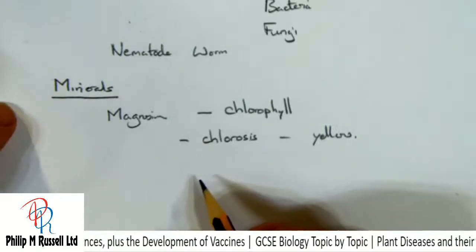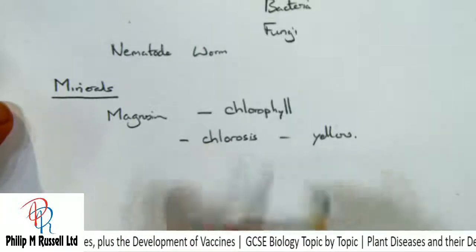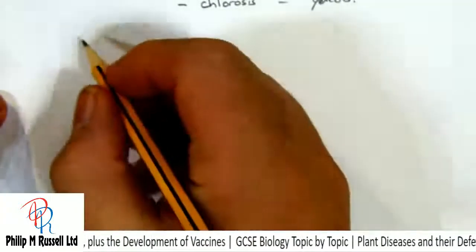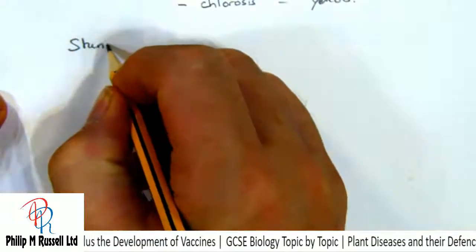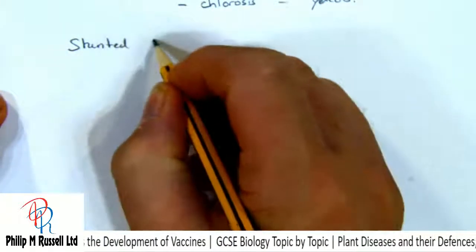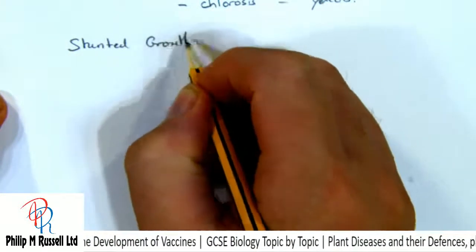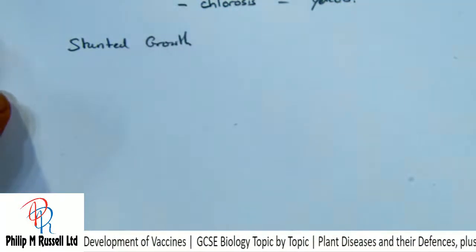Well, you'd be looking for certain things. You'd be looking for things like stunted growth. The plant's not growing terribly well.